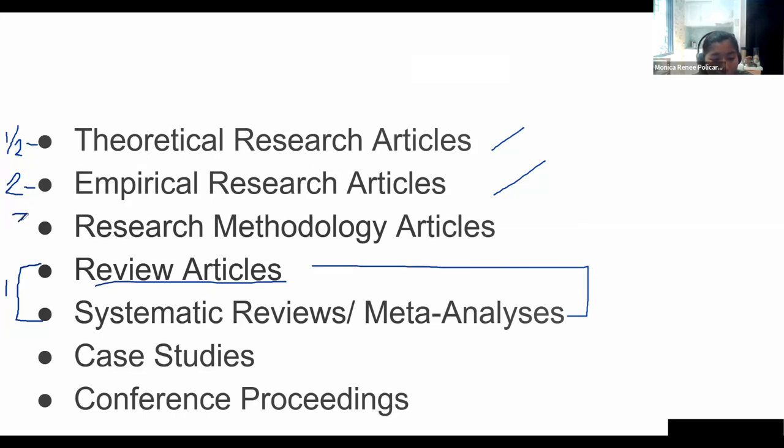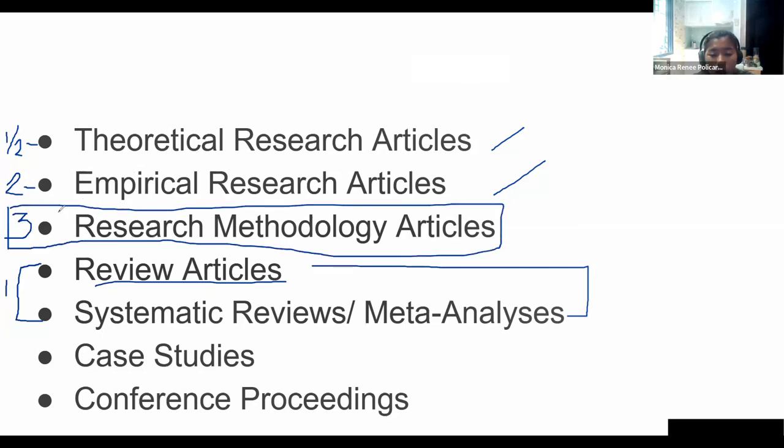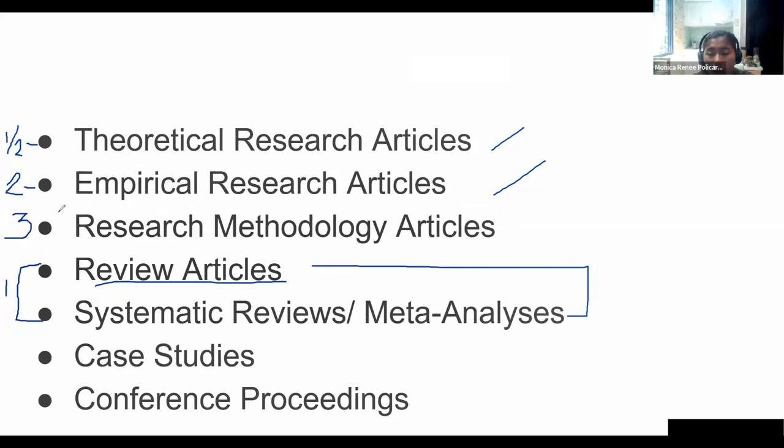And then lastly, we have research methodology articles. When you have already pinned down your research question, your hypothesis, you have justified your study in the review of related literature, the next part is when you write your methodology. You might want to understand what your method is about, the one that you will adopt, and whether people are conventional in using that.